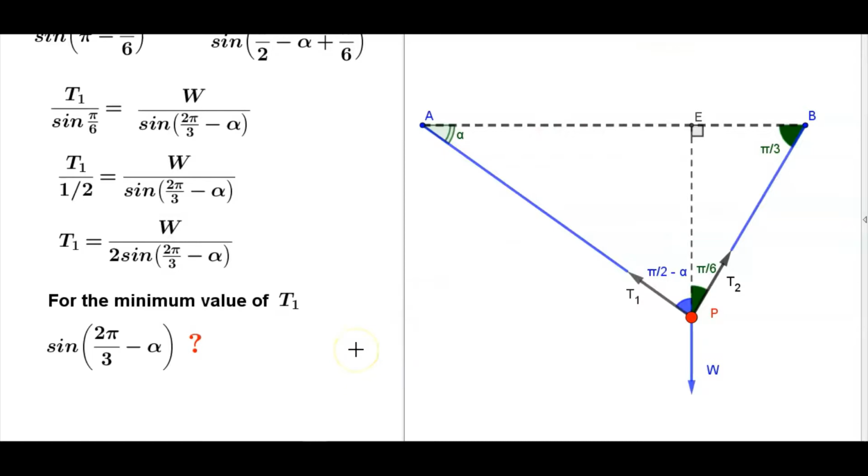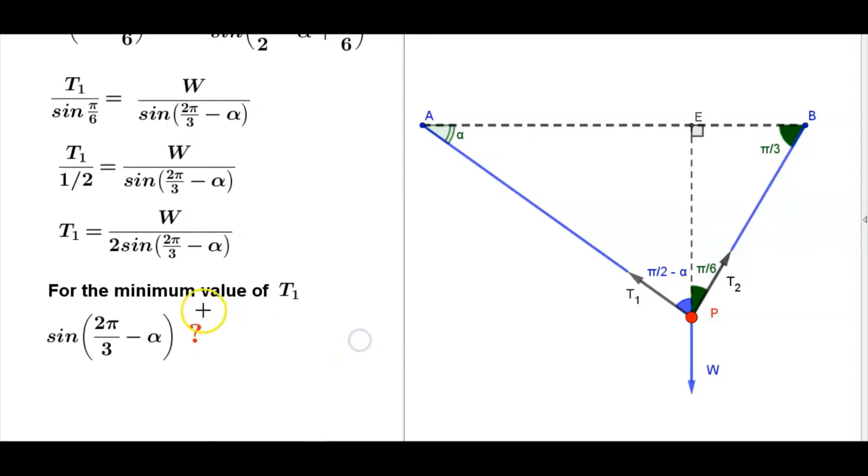For the minimum value of T1, we have this expression with numerator and denominator. For the minimum value of this, the denominator should be maximum.